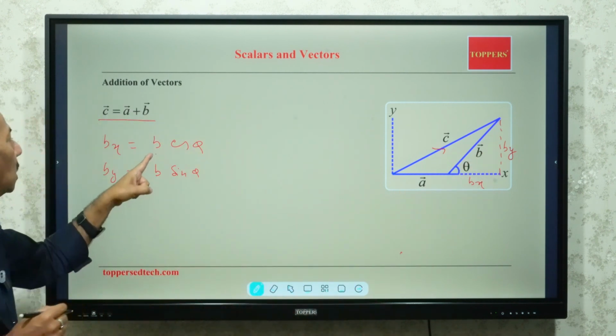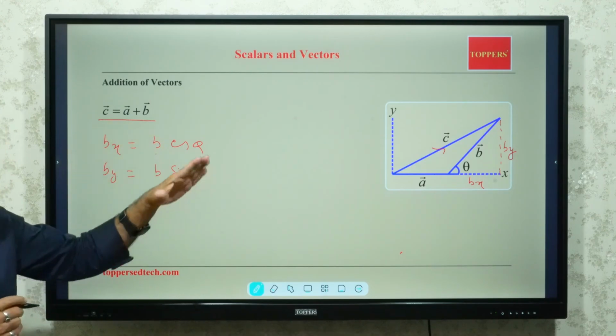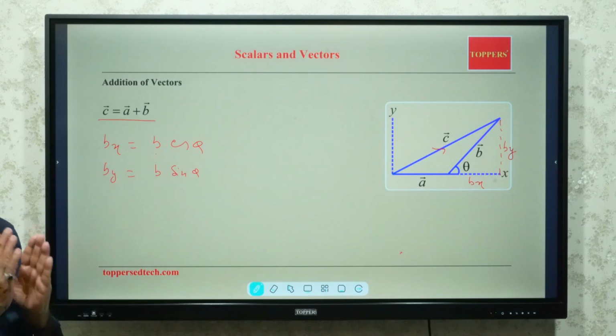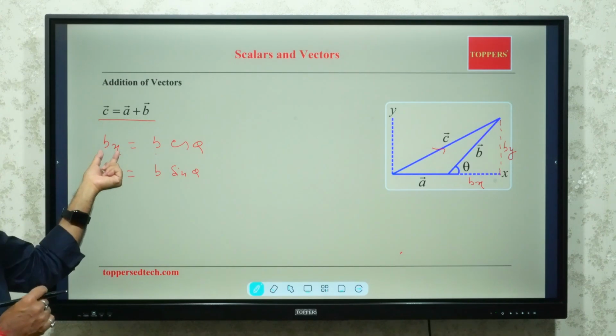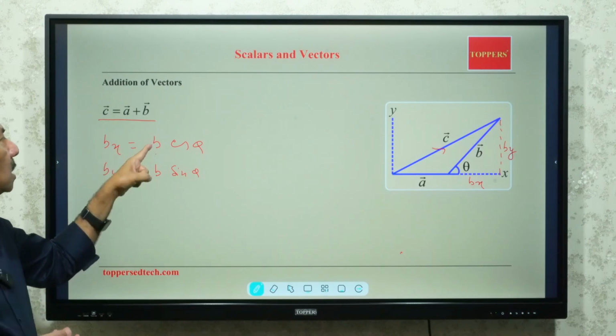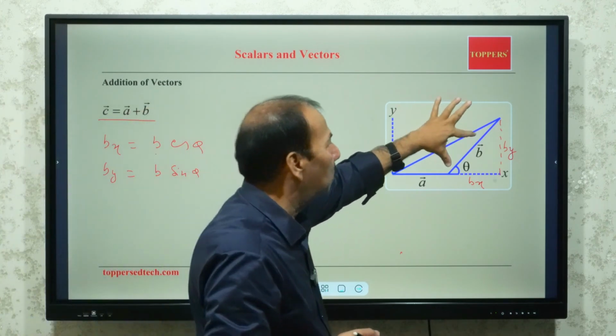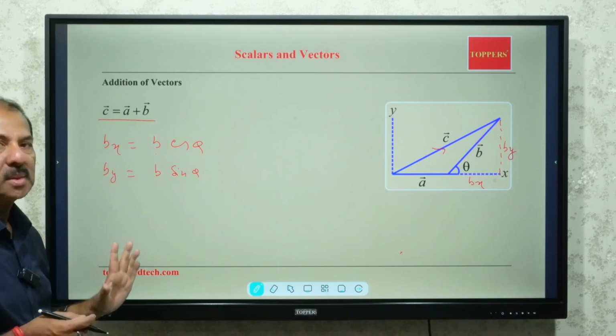Now here you can see I have not put vector notation here, because we are just interested in the magnitude, since we want to calculate the magnitude of this resultant vector C. So bx is a scalar quantity, taking only the magnitude part of b, so b cos theta, and here also b sin theta.